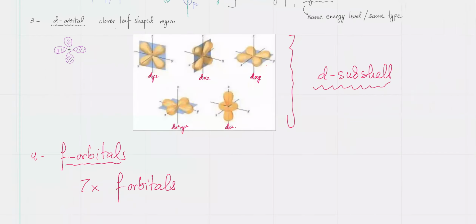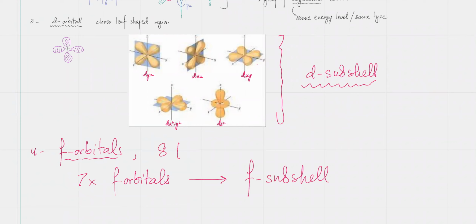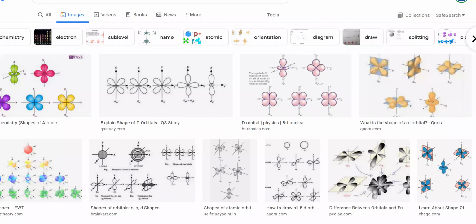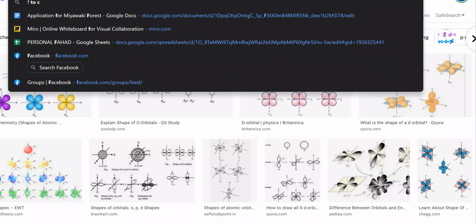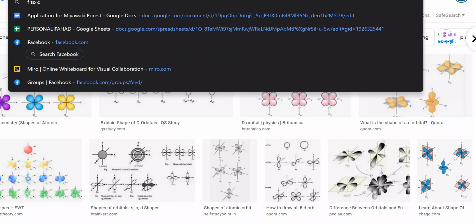And the other thing about this is that it has 8 lobes. Most of them have 8 regions around the nucleus. I'll just quickly go through the shape of a typical f orbital, and how it looks. Most of them have 8 lobes.